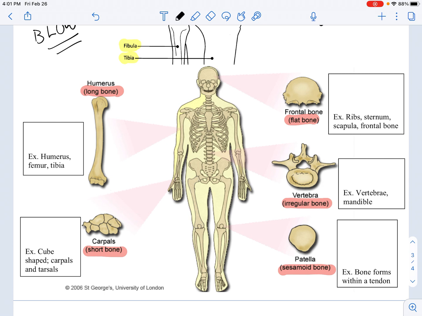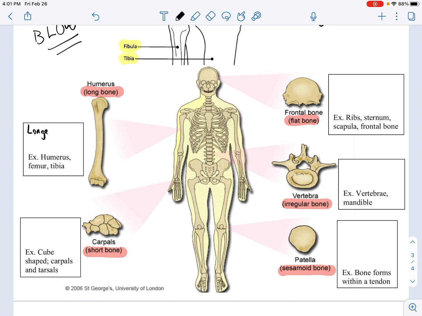Now, long bones are longer than wide. A great example is your humerus, which is your upper arm bone, shown in the picture. And your femur, your tibia, and your fibula.